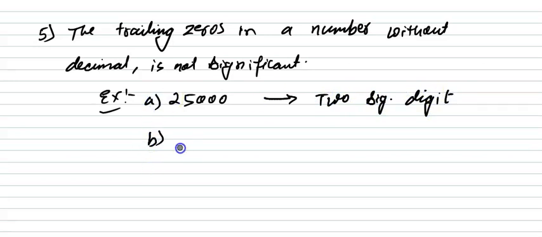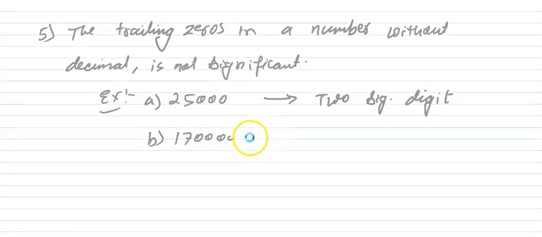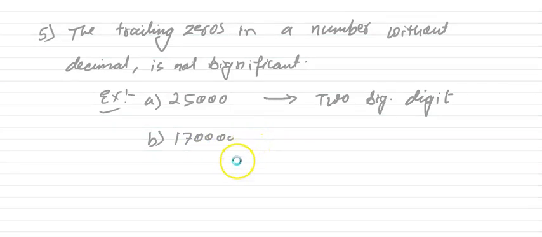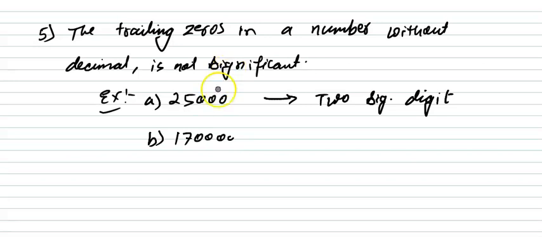Just take one more example. If I am going to write 17,000,000, let us put one more 1, 1, 2, 3.